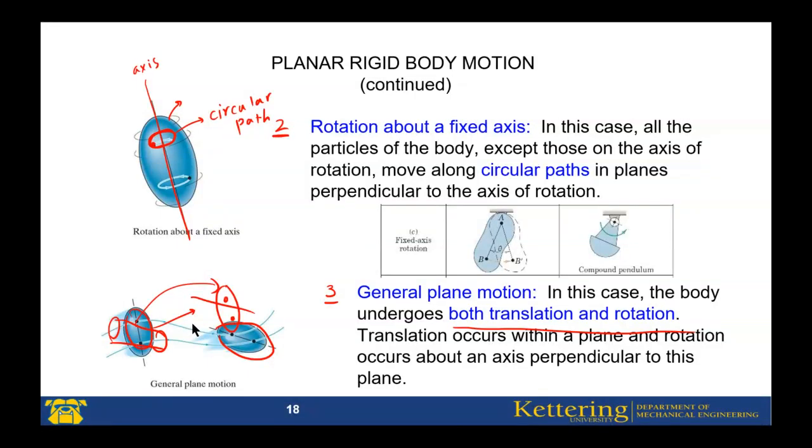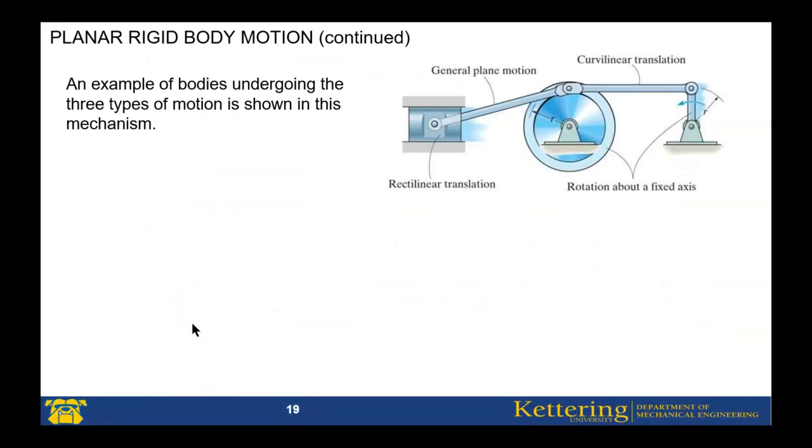Now, one example. There's a piston connected using a link to the wheels that rotate simultaneously. There's also a link between these rotating wheels and a crank. I want to show you different types of rigid body motion for this example, as you can see.